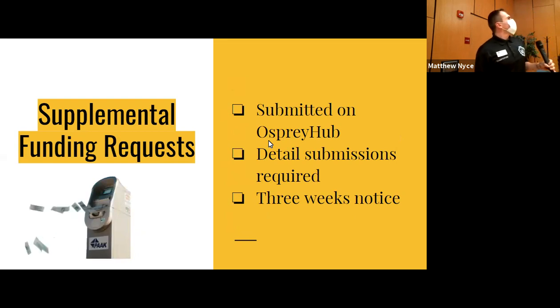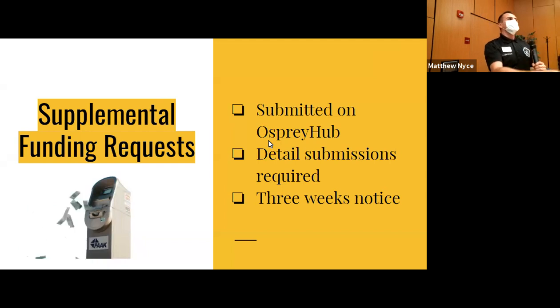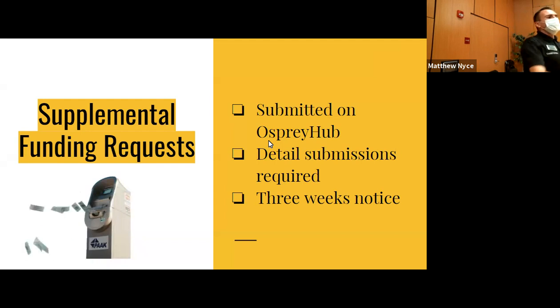Through the software, you can submit a detailed request for any amount of money. If it's below $1,500, the committee and I, my finance committee, could take care of that in just one simple meeting. If it is above $1,500, it'll have to go to a full Senate vote.